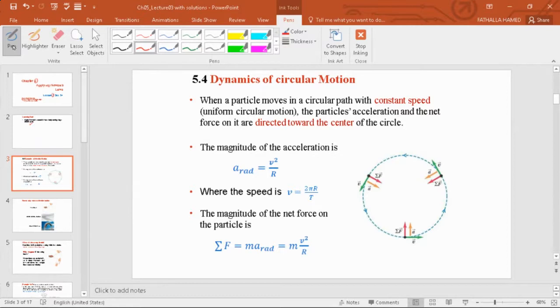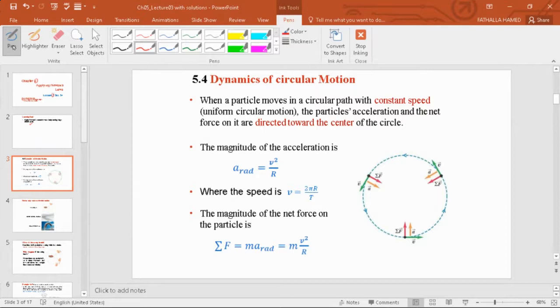Now, we're going to look at things that move around a circular track. In chapter number 3, we looked at circular motion as a way of two-dimensional motion. And I told you it's wrong to say that an object moves around a circle with constant velocity, because velocity is a vector. And if you want to go around the circle, you have to change your direction.